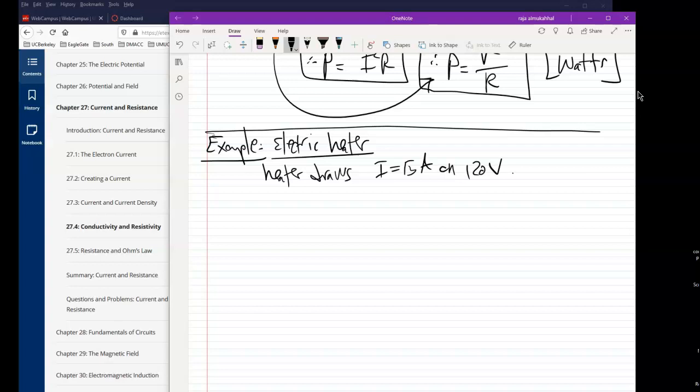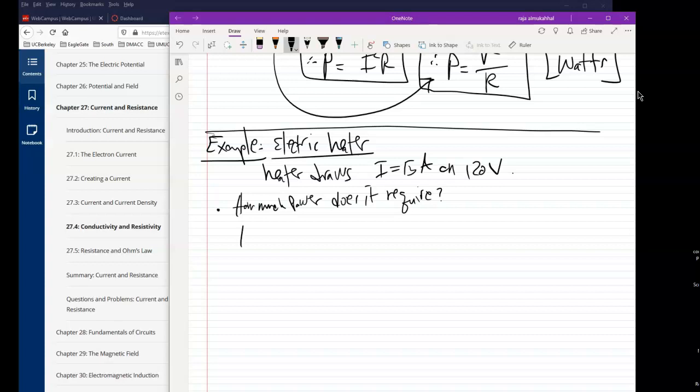So the heater draws a current of 15 amp, and the voltage across the heater is 120 volt. The question is, how much power does it require? That's the first question. I'll come back to the second question. Let's do this one.